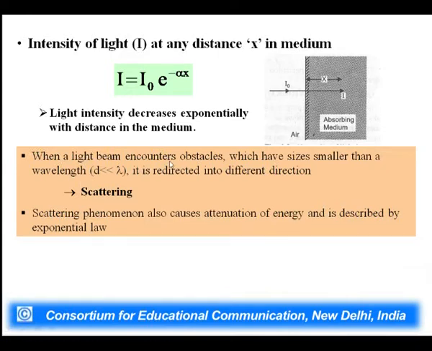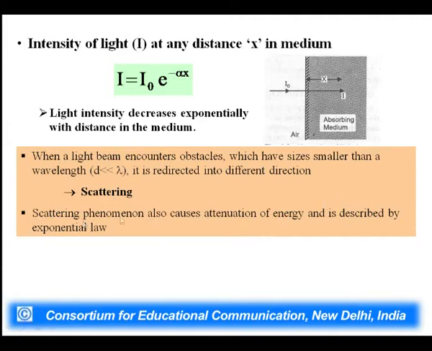When the light beam encounters obstacles which have sizes smaller than the wavelength, meaning the size of the absorbing medium d is very much less than or equal to lambda, it is redirected into different directions. That is known as scattering. Light takes place in the form of scattering.